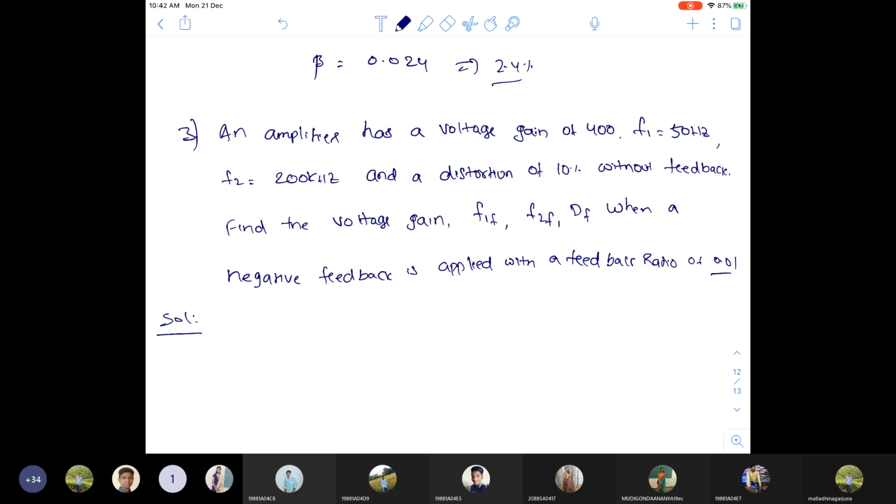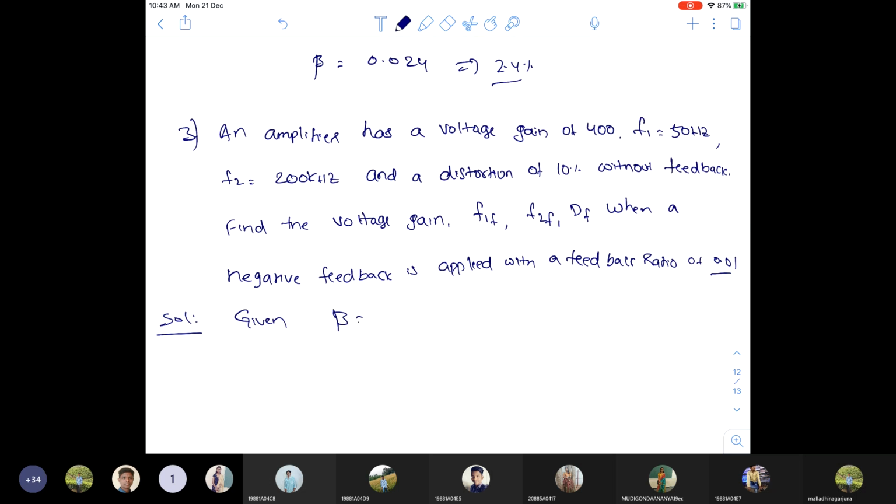So note the problem. An amplifier has a voltage gain of 400. F1 equal to 50 hertz, F2 equal to 200 kilohertz, and a distortion of 10% without feedback. Find the voltage gain, F1F, F2F, DF when a negative feedback is applied with a feedback ratio of 0.01. What is the given data?